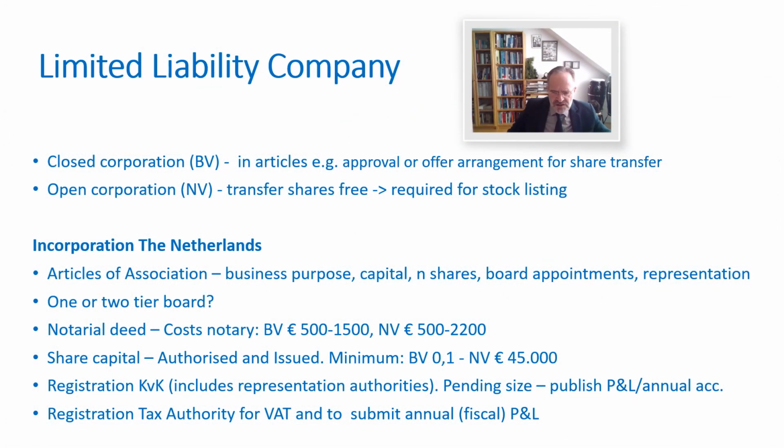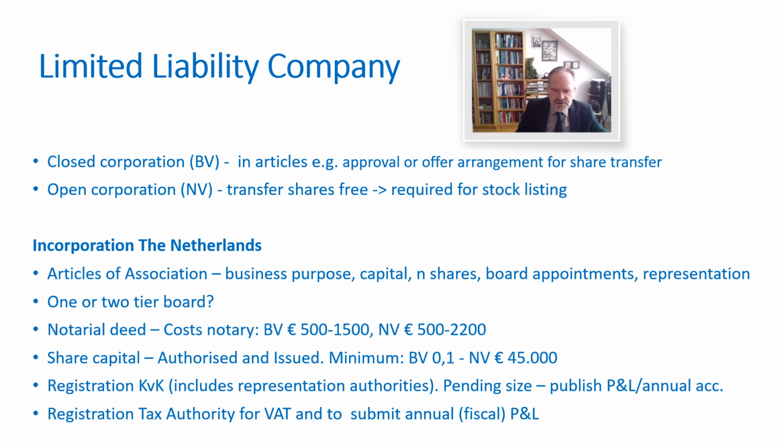Now a bit more details. We already saw a few slides ago that you have closed corporations and open corporations. The difference is in the free transferability of shares. Closed corporation, usually limitations. Open corporations, there should not be. The open corporation is also the legal form which you can use to get stock listed, because you understand stock listing requires freely transferable shares.